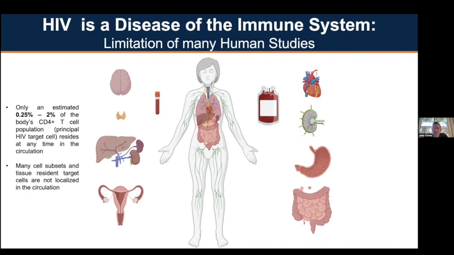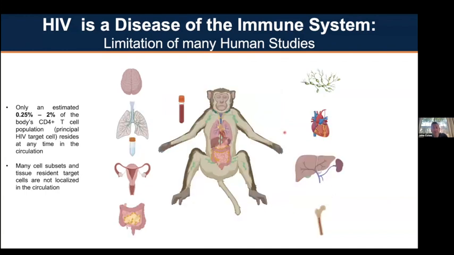So in order to understand HIV persistence and the various states of viral reservoirs throughout the body, you need to have access to the cacophony and the totality of tissues within an individual, which obviously is not possible in clinical studies. Non-human primates have really provided a rich model system for us to do these studies.